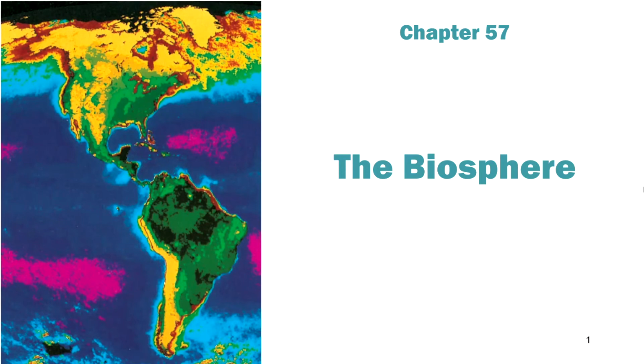And so just like atoms of carbon are important for creating molecules essential for life of cells, elements such as carbon, phosphorus, oxygen, hydrogen are also important for creating the environments that all of these living things exist in. So we're going to go over a few different objectives for this chapter.